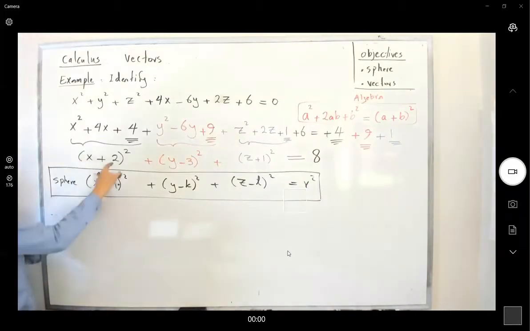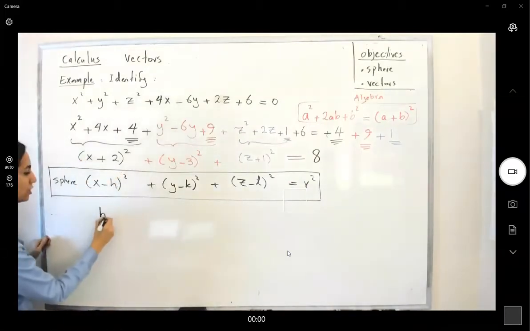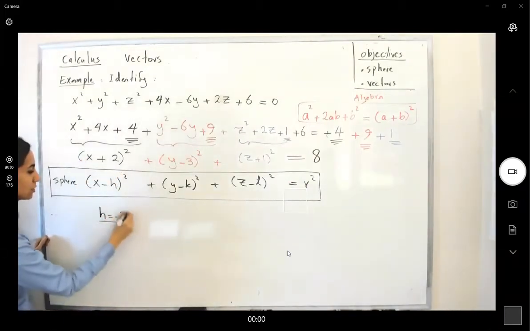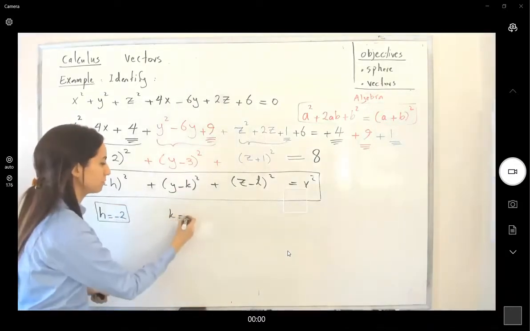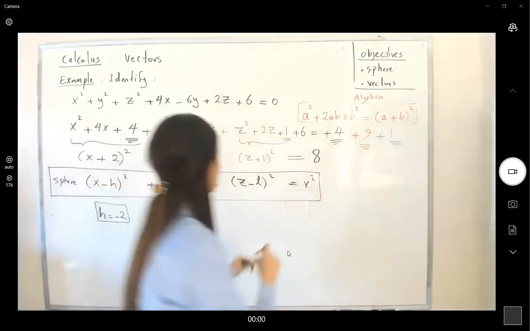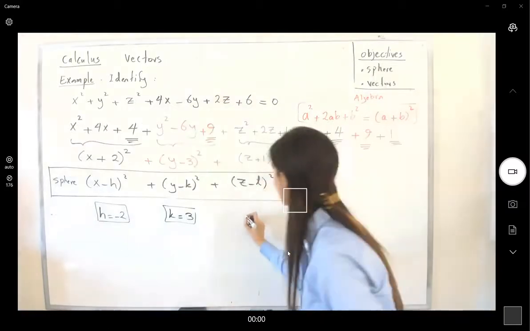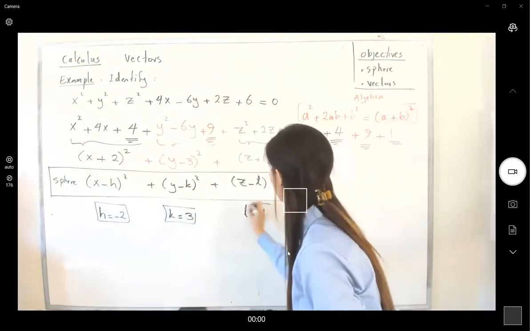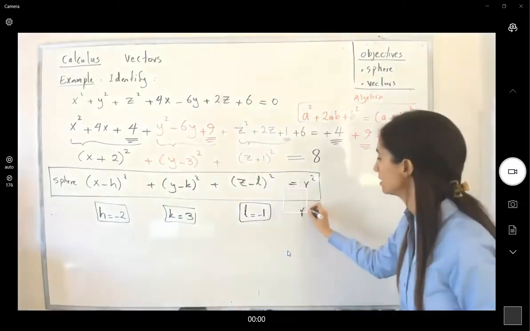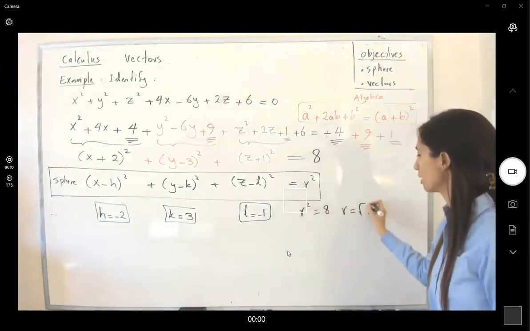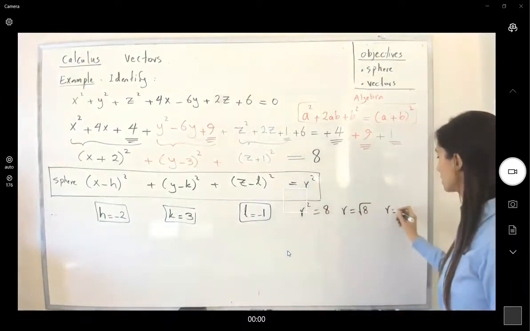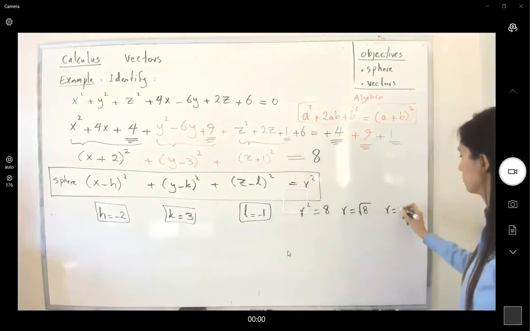x minus h is equal to x plus 2, so h is minus 2. k is equal to 3. l is equal to negative 1. r squared is equal to 8, so r is the square root of 8, or r is equal to 2 square root of 2.